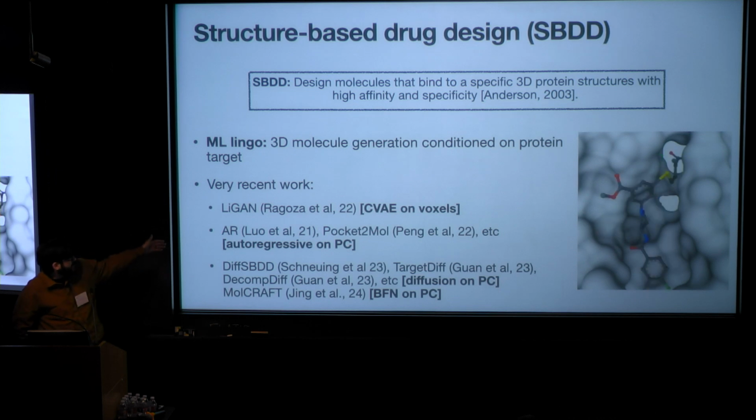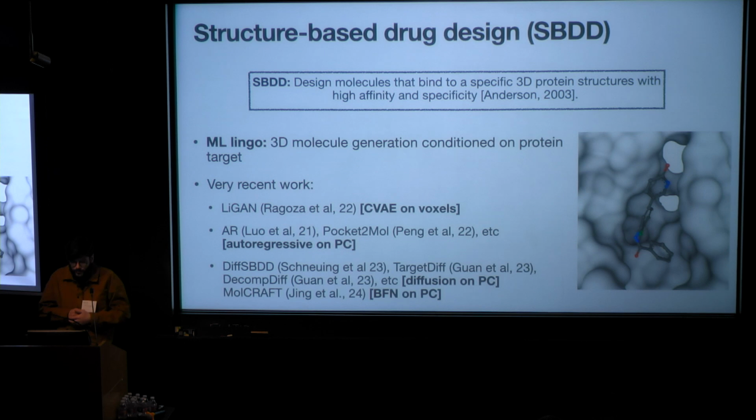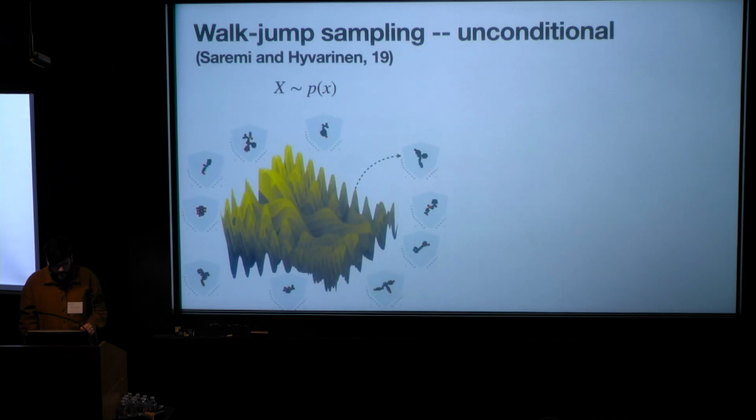People tried voxel grids, actually one of the first works, but unfortunately that did not work at all in practice. Then people moved away from that and started using point cloud representations, either using an autoregressive approach, which samples one point or fragment at a time, and more recently, diffusion or Bayesian flow nets on those point clouds, or also flow matching, which is how I explained in the beginning that's usually done.